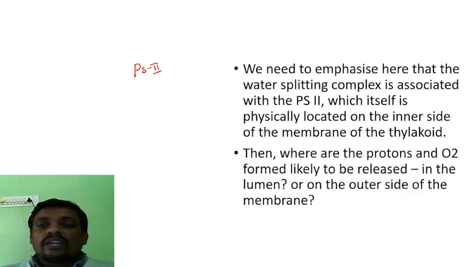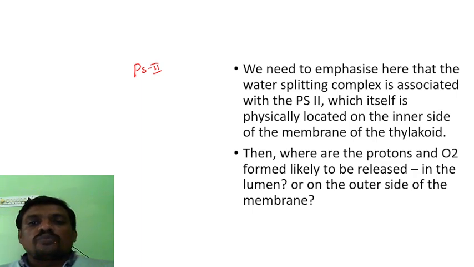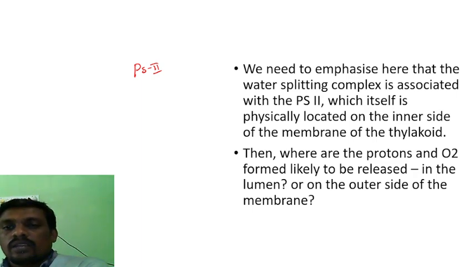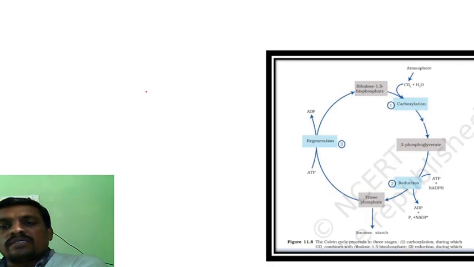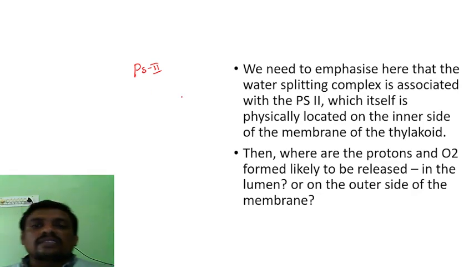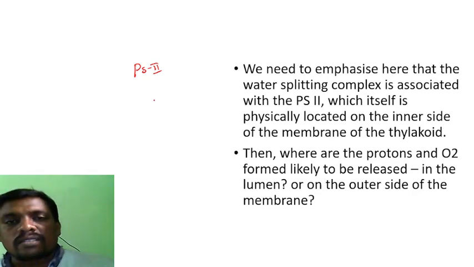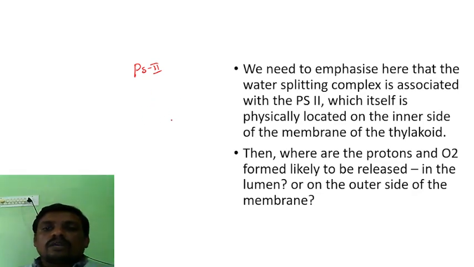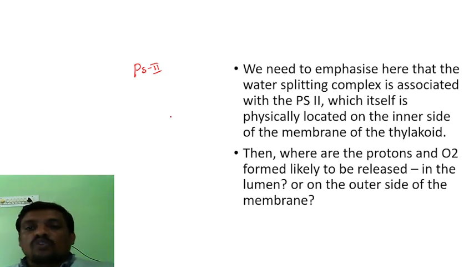Then where are the protons and O2 formed to be released? So how does it happen? You can see the protons and their movement. We have already discussed this in the previous slide, the movement of electrons in the specific direction.